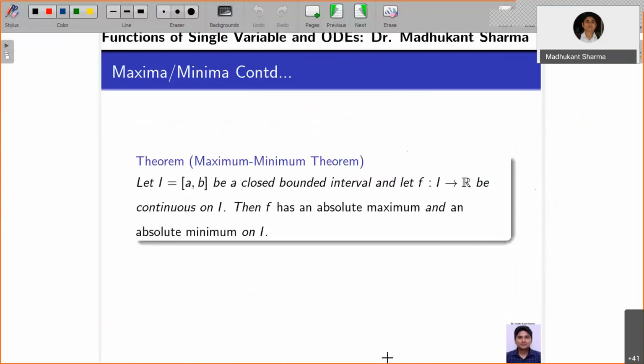Now we have the following. This is a corollary from the boundedness theorem.